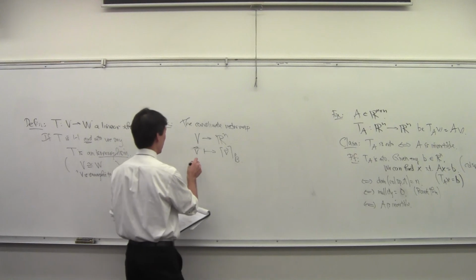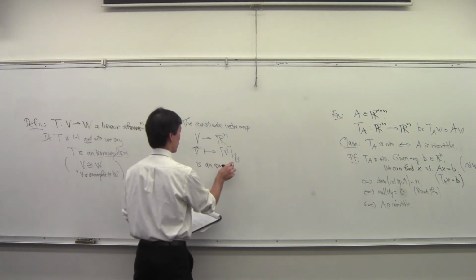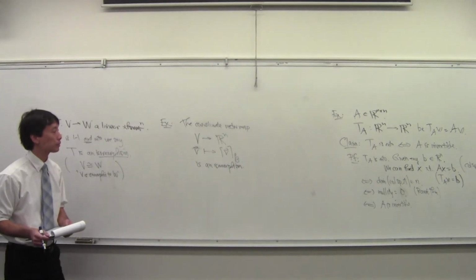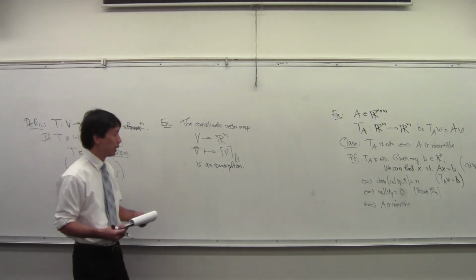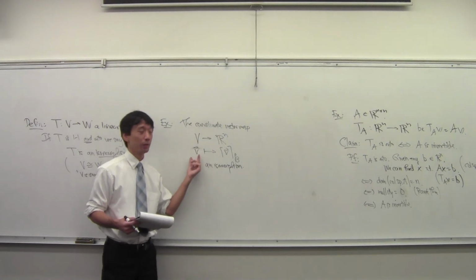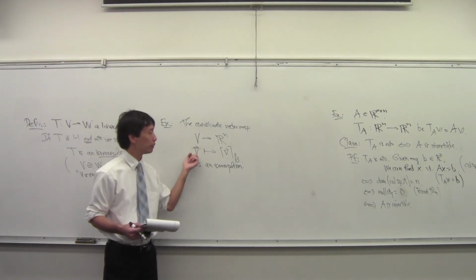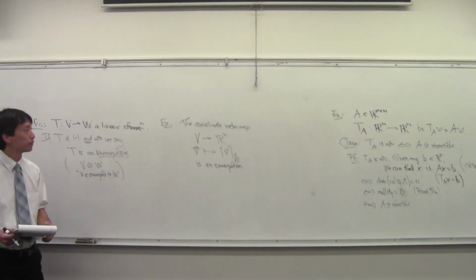So this map is actually an isomorphism. The only thing that gets sent to the zero vector is the zero vector, and it's also onto.